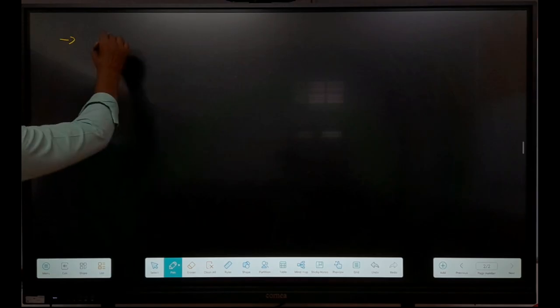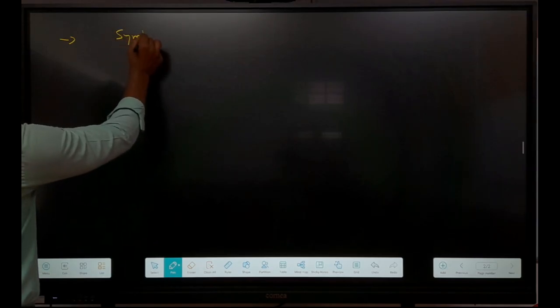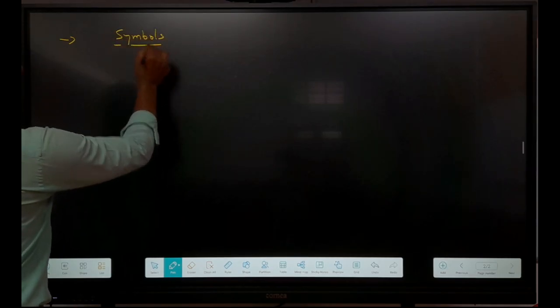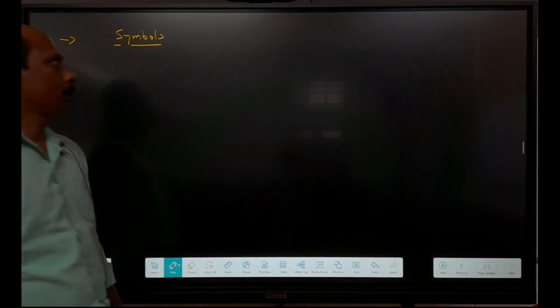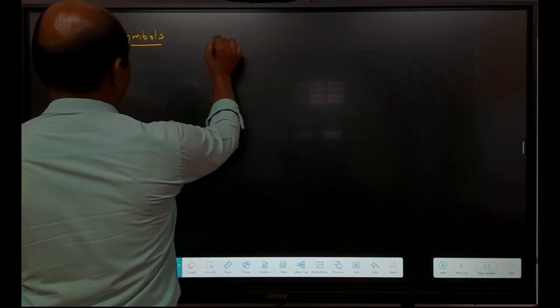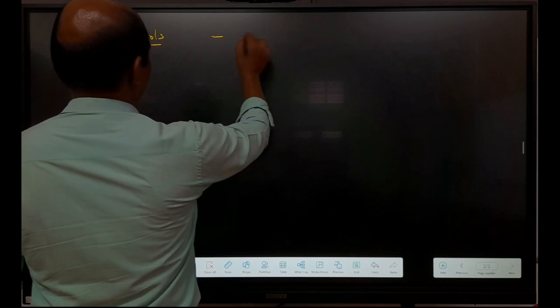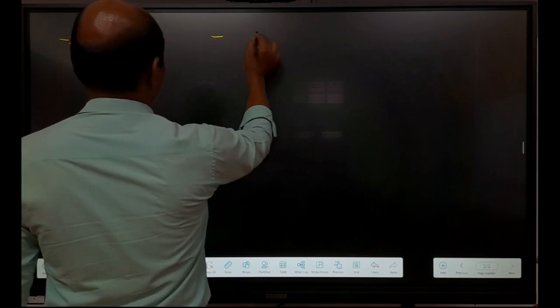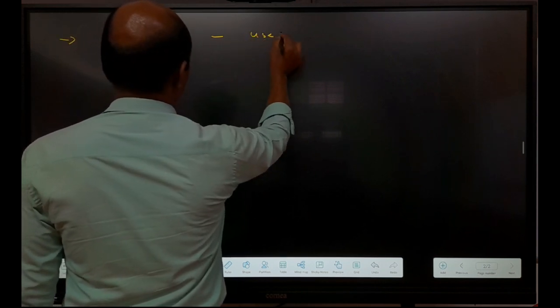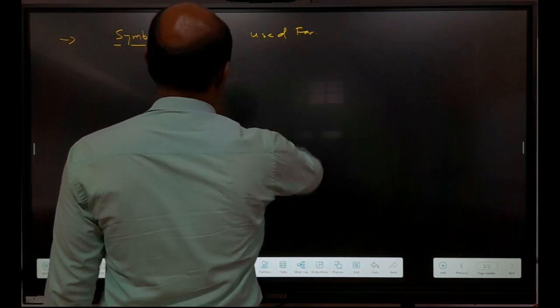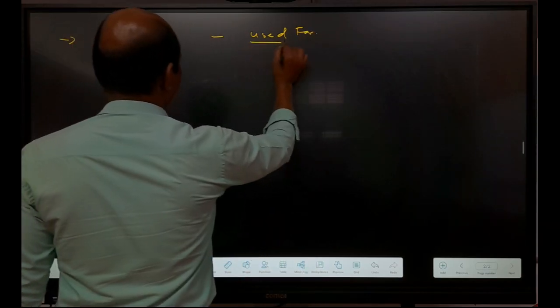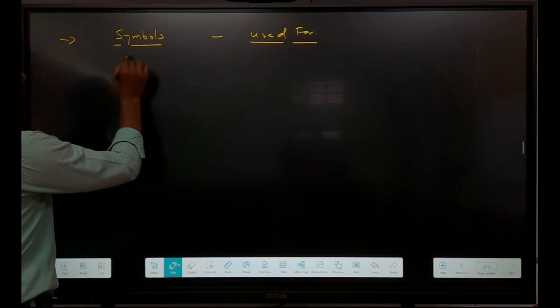What are the symbols? Here I write the symbols which are used for pedigree analysis, right? First, in NCERT it is given a square.